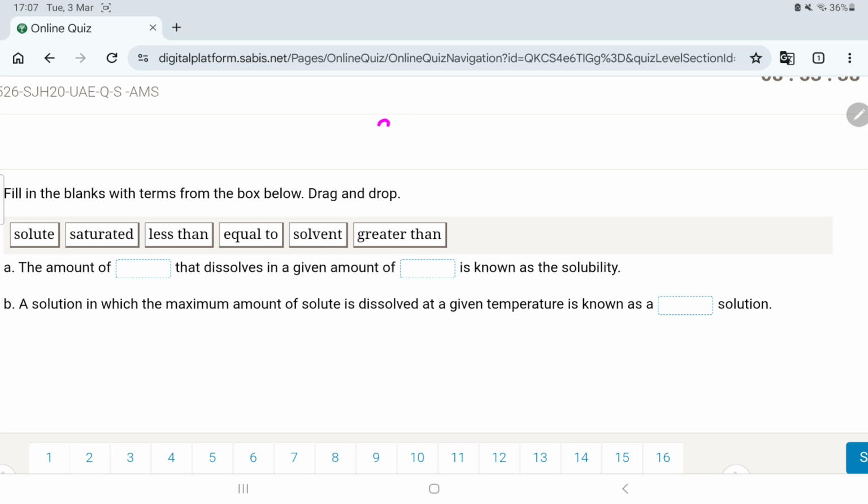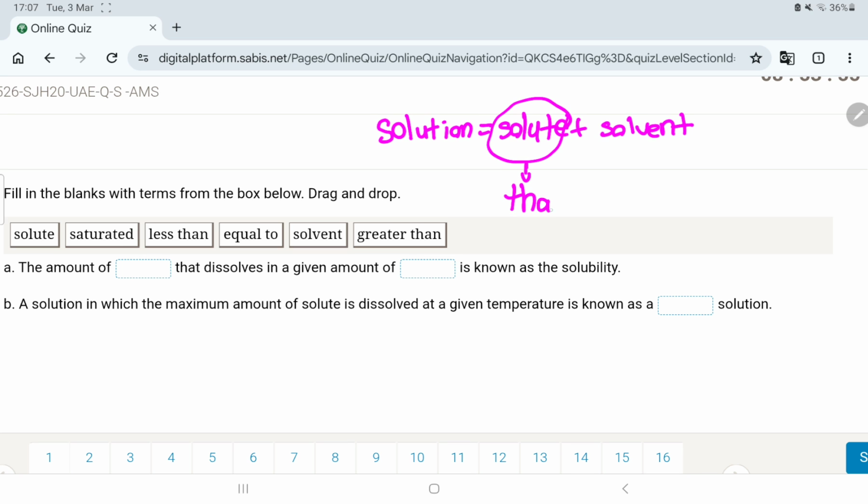Remember, if you watch the first part, a solution is equal to a solute plus a solvent, right? What did we say the solute is? The solute is the one that dissolves in the solvent.